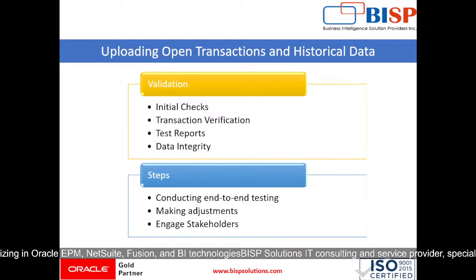Then comes making adjustments as necessary if discrepancies are found, and we will be engaging stakeholders, for example the finance team, to review the accuracy of financial data post migration. By following these steps, we can ensure a successful data migration from QuickBooks to NetSuite, which ensures that both master data and transaction data are accurately moved and validated for smooth transactions.